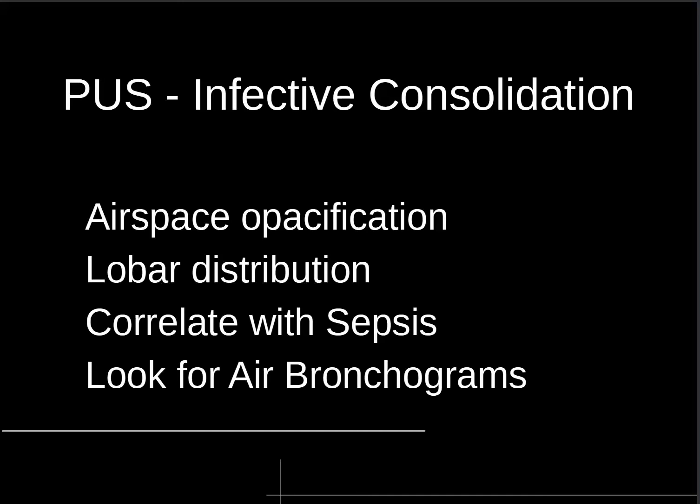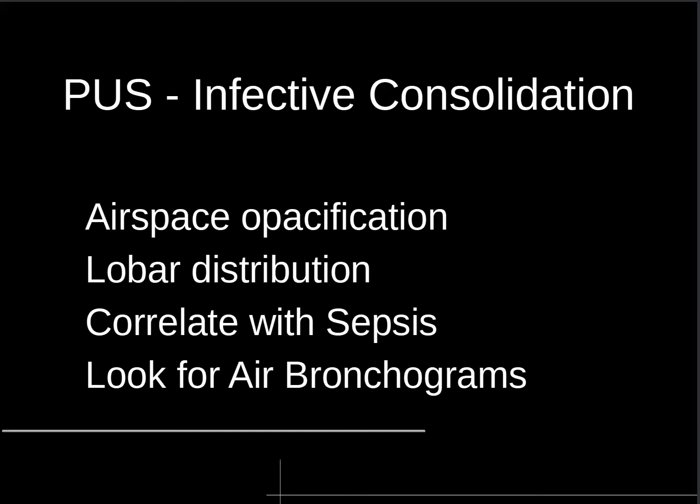Now, what are air bronchograms? Well, it's the silhouette sign again. If you've got an airway like a bronchus or a bronchiole, and you've got pus within the alveoli that airway supplies, then you're going to get air in the airway accentuated by pus in the surrounding airspace or surrounding alveoli.